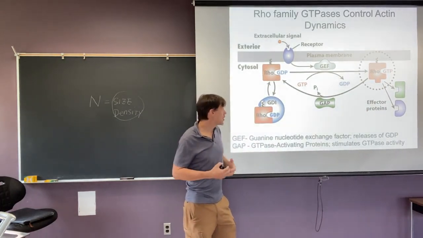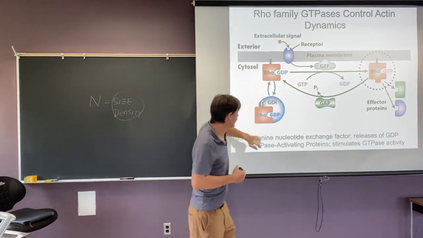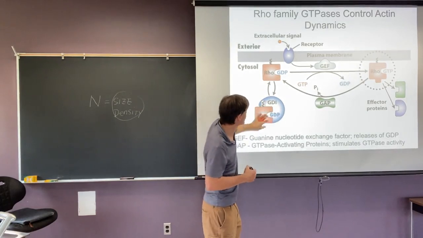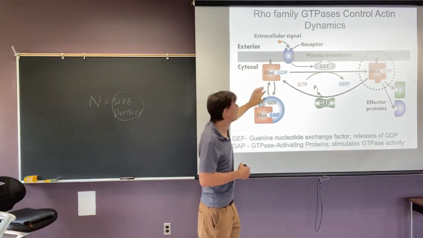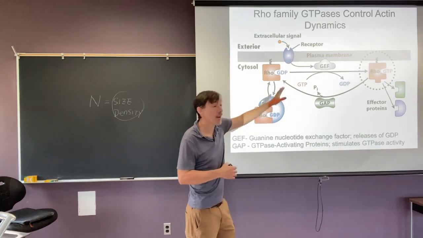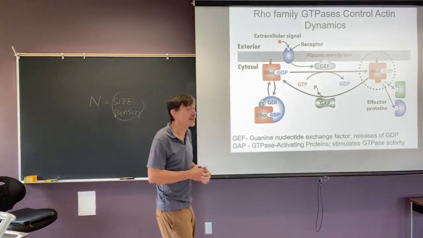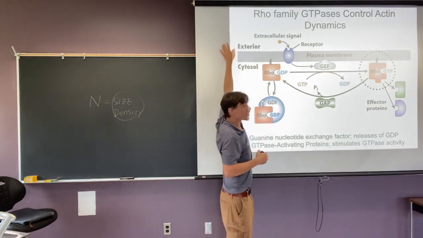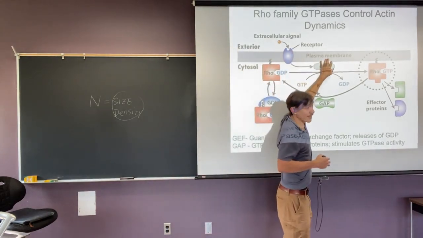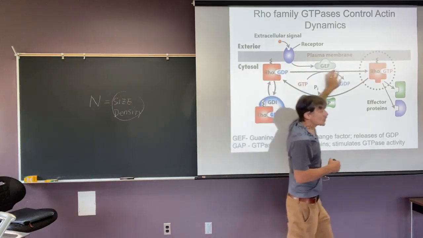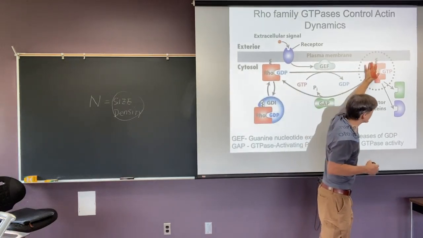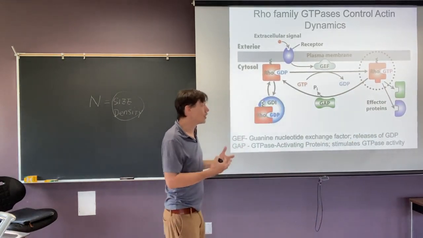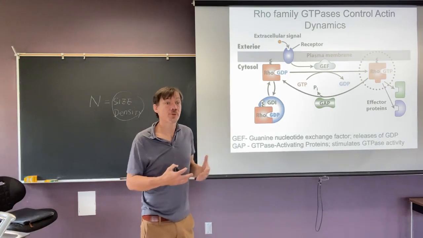And in addition, there are inhibitory proteins that can also bind to Rho itself and just turn it off. So there's a couple of different mechanisms for regulating this. But the big picture is signals from the outside world activate GEFs. GEFs turn on Rho family GTPases, and then that turns on effector proteins, controlling where cytoskeletal elements are formed and disassembled.